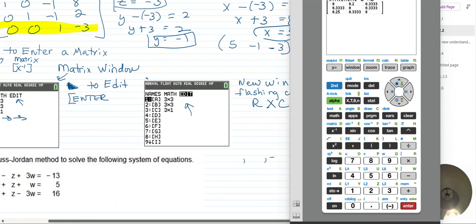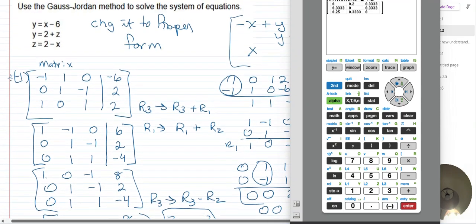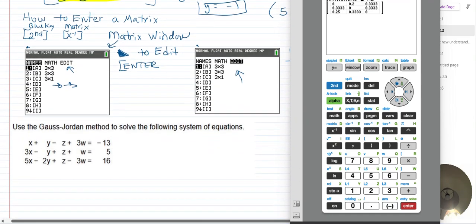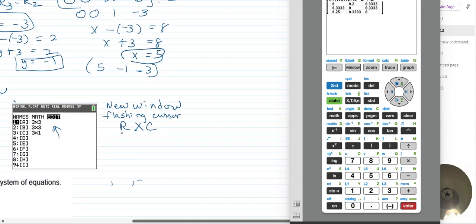So what we're entering, if you remember when we first started this, it was a 1, 2, 3 rows by 1, 2, 3, 4. Okay, the 3 by 4. So I'm going to enter my 3, side arrow 4, and enter. Okay.